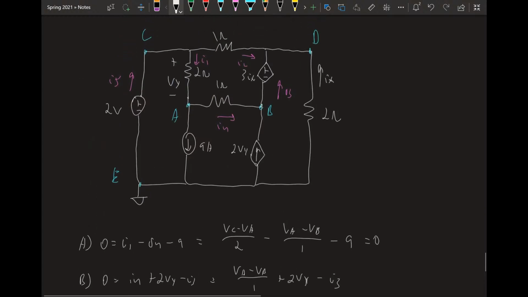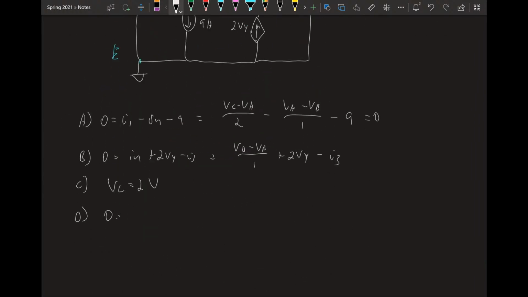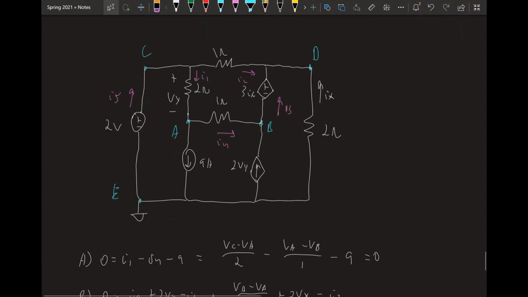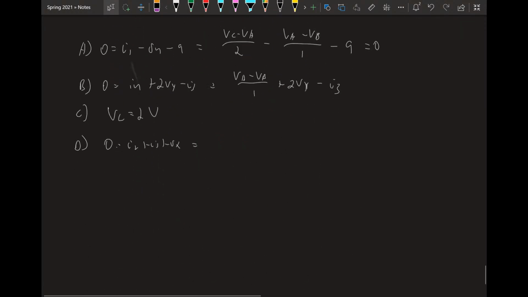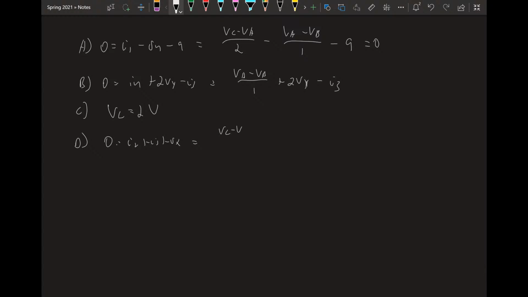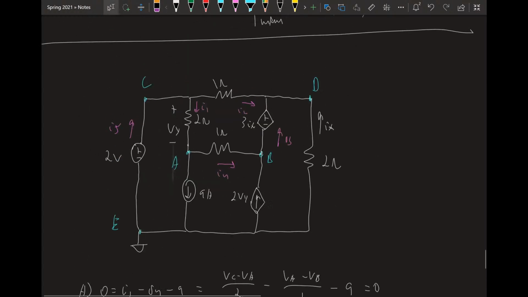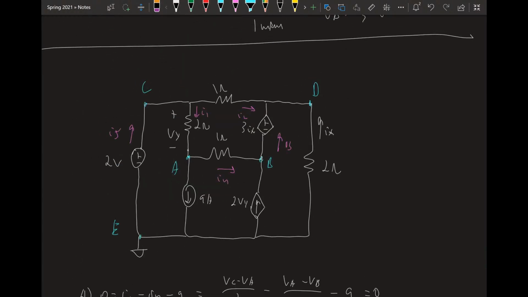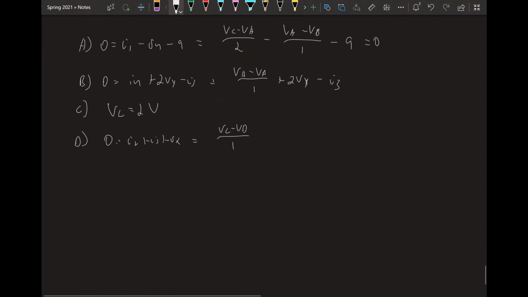At D, we have IX, I2, and I3 going in. So 0 equals I2 plus I3 plus IX, right? I2 is VC minus VD over the resistance value, 1.